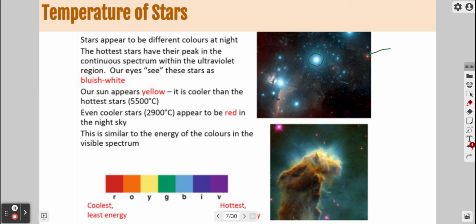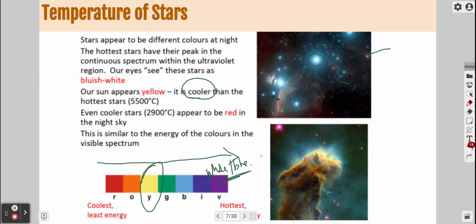Our sun appears yellow. It's cooler than the hottest stars. So our sun's around here. And you're getting hotter as you go towards the violet or white bluish end. So you might see the white bluish end here. These are the hottest. Has the most amount of energy.